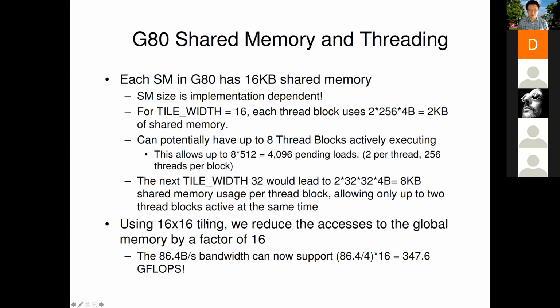So here are some calculations for the bandwidth, right? You can calculate, based on this 86 gigabytes per second bandwidth, how much performance you can get. After you analyze the theoretical performance, you can compare with your practical performance. You know how to calculate the GFLOPS, right?